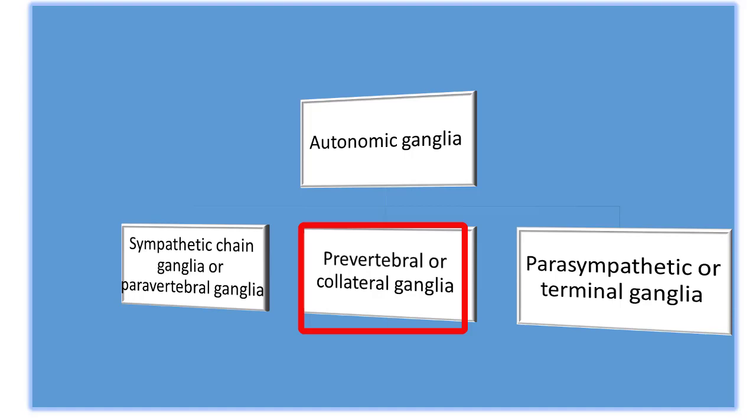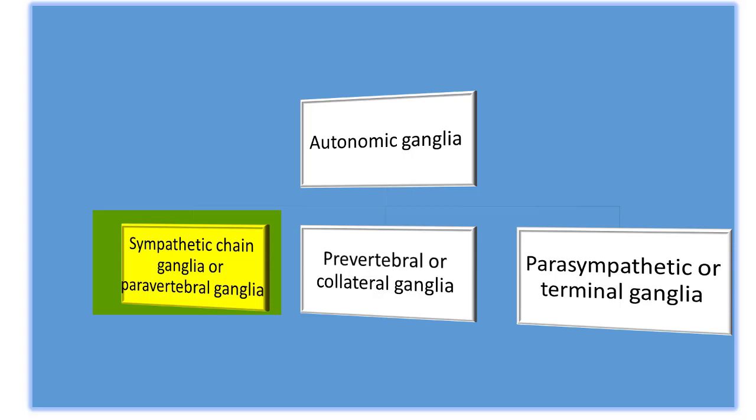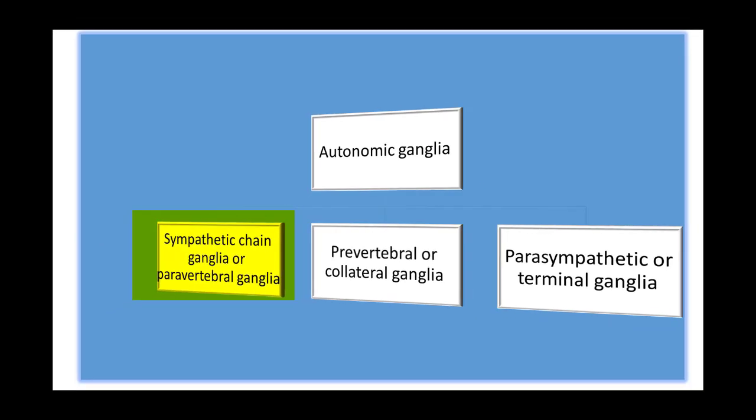So generally, we divide autonomic ganglia into three groups. Sympathetic chain ganglia, also known as paravertebral ganglia. The second group is prevertebral or collateral ganglia, and the third is parasympathetic or terminal ganglia. But we will cover the detail of all these in the autonomic nervous system.